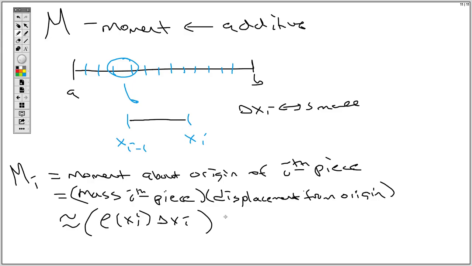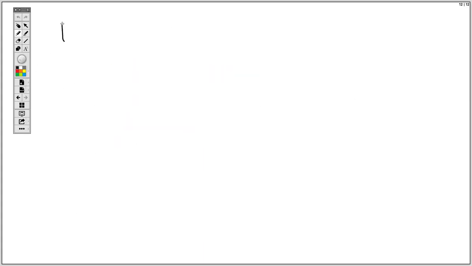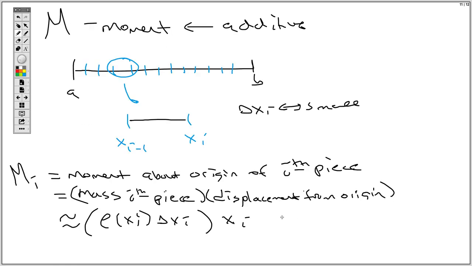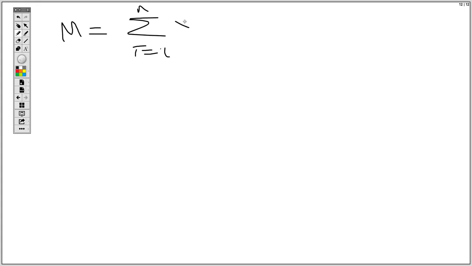So we'll approximate that by x sub i. So we actually have two approximations going into that. So the total moment would be the sum of these individual moments. And I'm going to write the delta x sub i on the other side. I'll move the x sub i up to the front.